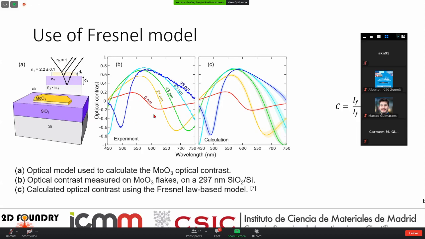As you can see, there's a little bit of offset between the two figures, but it fits very well. In fact, this method has an uncertainty of 1.2 nanometers for a 287 nanometer silicon dioxide substrate.